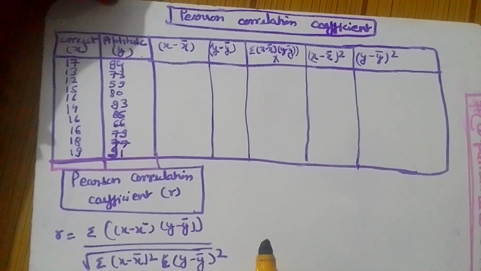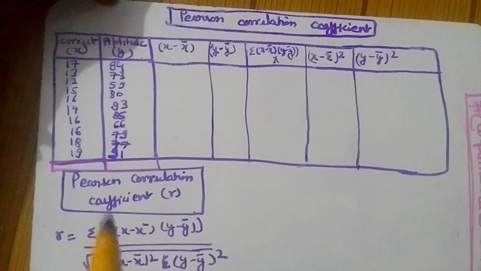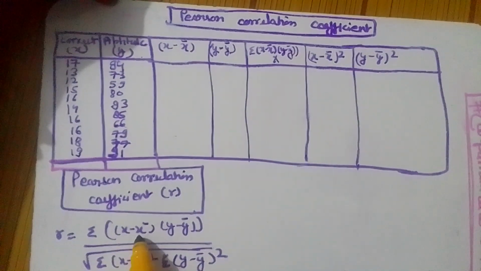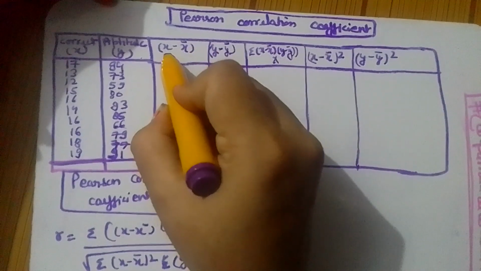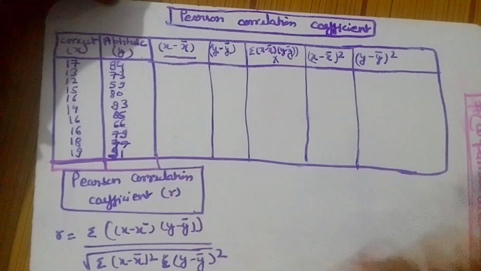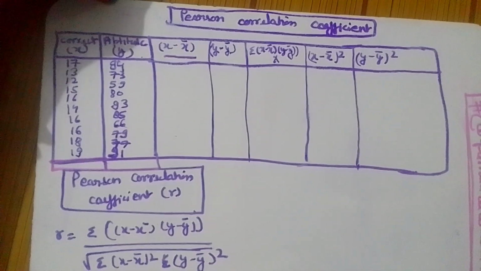To calculate, our formula first needs X minus X bar, where X bar is nothing but the mean, or average.